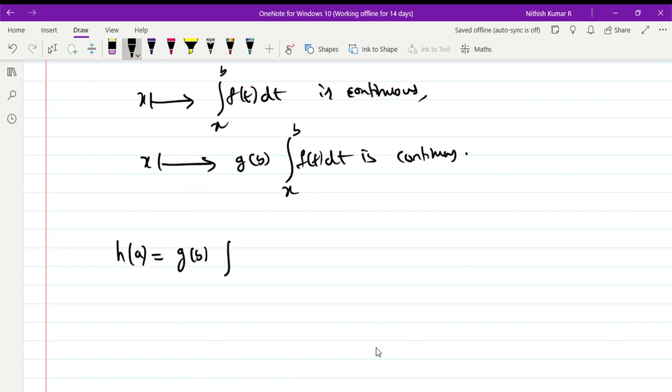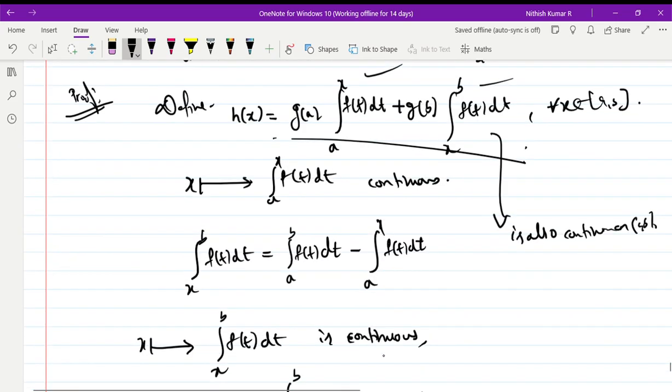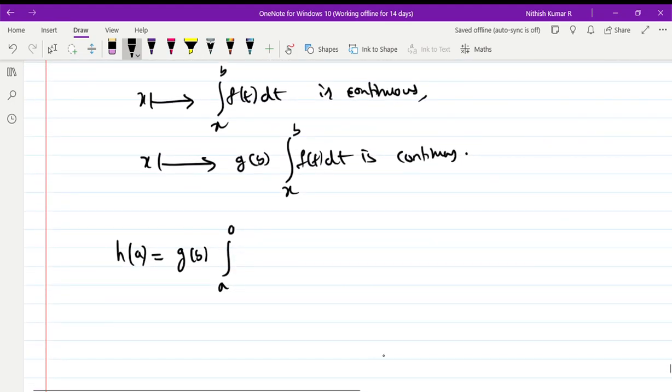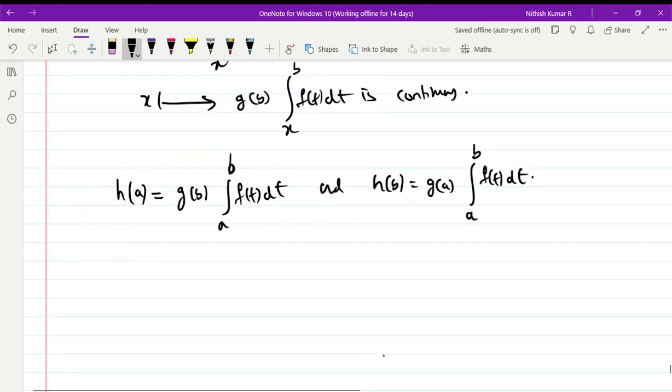Also, if you observe, h of a is nothing but g(a) times the integral from a to a, which becomes 0, plus g(b) times the integral from a to b of f(t) dt.